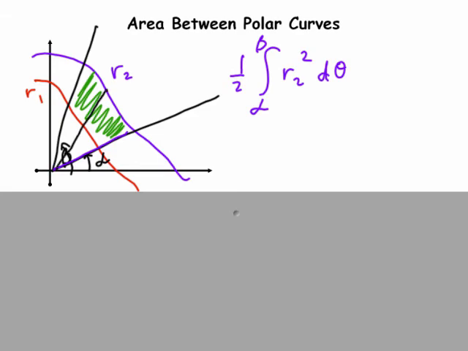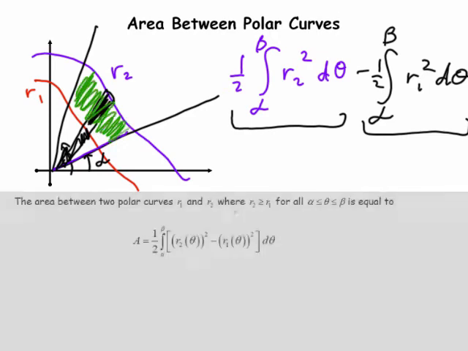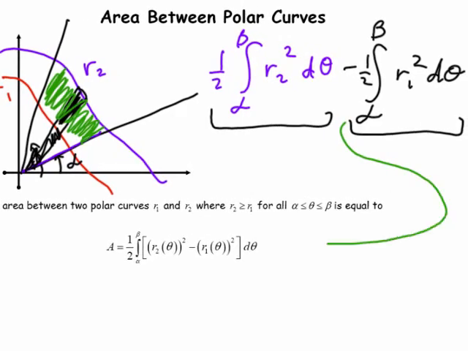There's an individual sector right there. Subtract the sector up to R1 to get this little piece in here. The outer sectors minus the inner sectors to give me just the enclosed region in green. And that statement can be expressed as so.